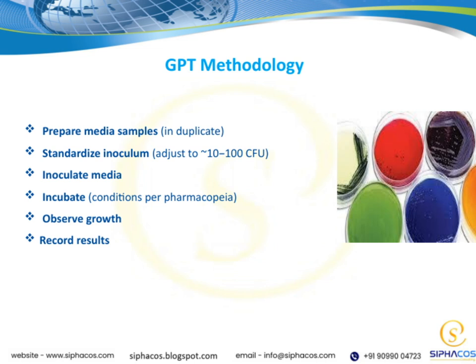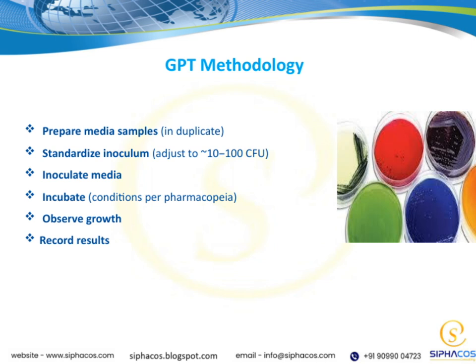After inoculation, we incubate the samples under conditions specified by the Pharmacopoeia, which ensures the process aligns with established standards. Once incubation is complete, we observe the media for any growth. This step is crucial because growth indicates microbial presence or contamination. Finally, we record all our results carefully. This systematic approach allows us to reliably assess microbial contamination and ensures our testing process is both precise and compliant with industry standards.